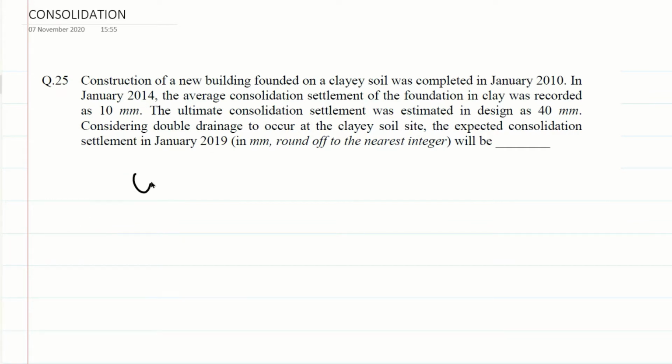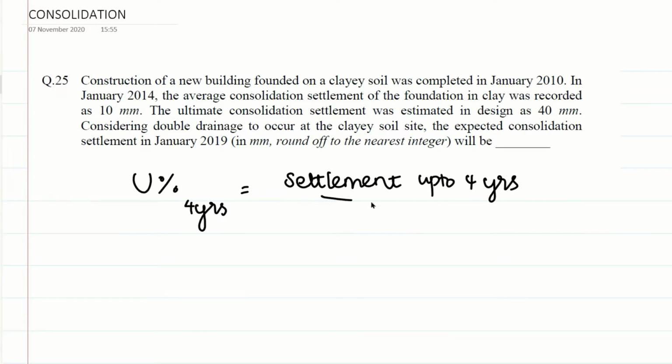So U percentage at the end of 4 years is equal to settlement happened up to January 2014, settlement up to 4 years, divided by ultimate settlement.